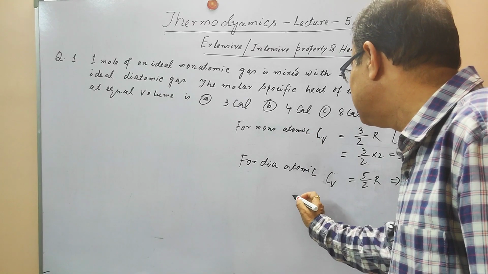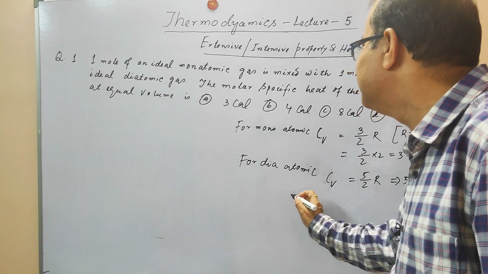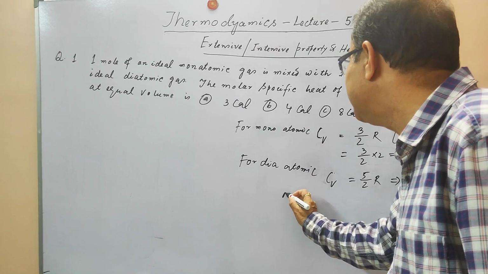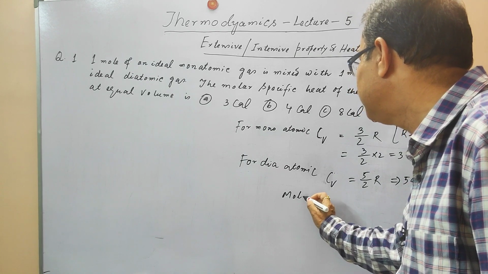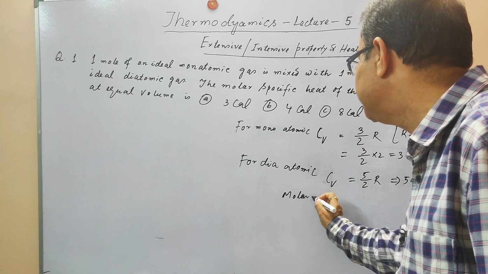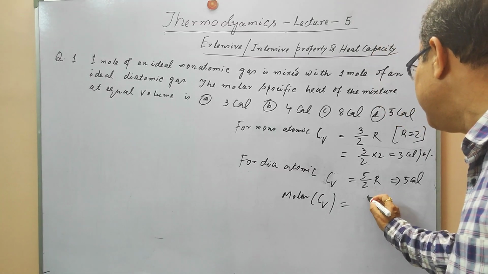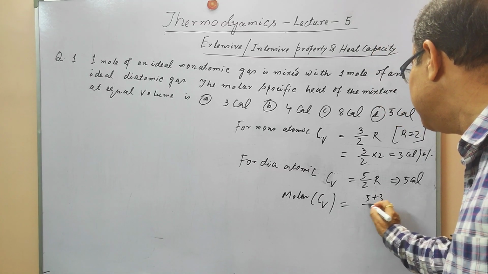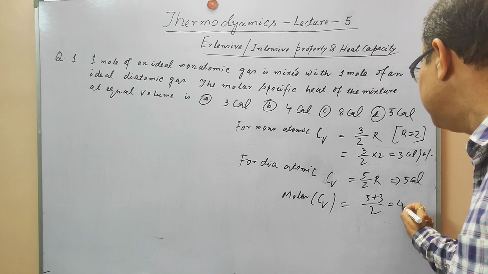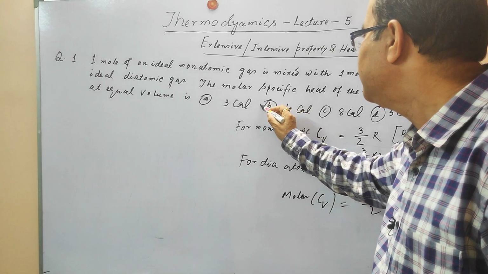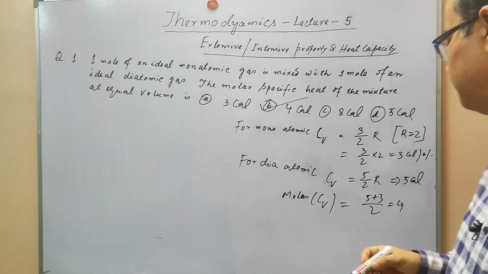So what will be the resultant? Resultant molar specific heat at constant volume, that is resultant Cv, will be 5 plus 3 by 2, that will be 4. 4 will be the correct answer.